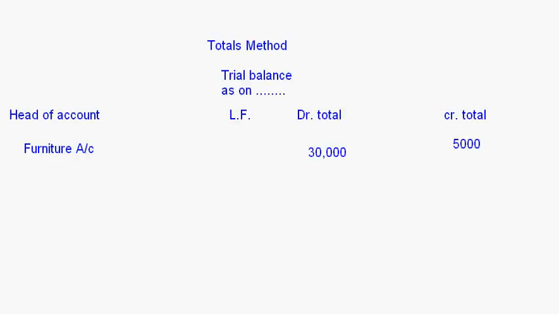Now the next thing that you should know is what are the accounts that will have debit balances. For debit balances, remember this: cash account, bank generally has a debit balance. If it is a bank overdraft, it goes into the credit side, right? All assets will have a debit balance. Purchases will have a debit balance.